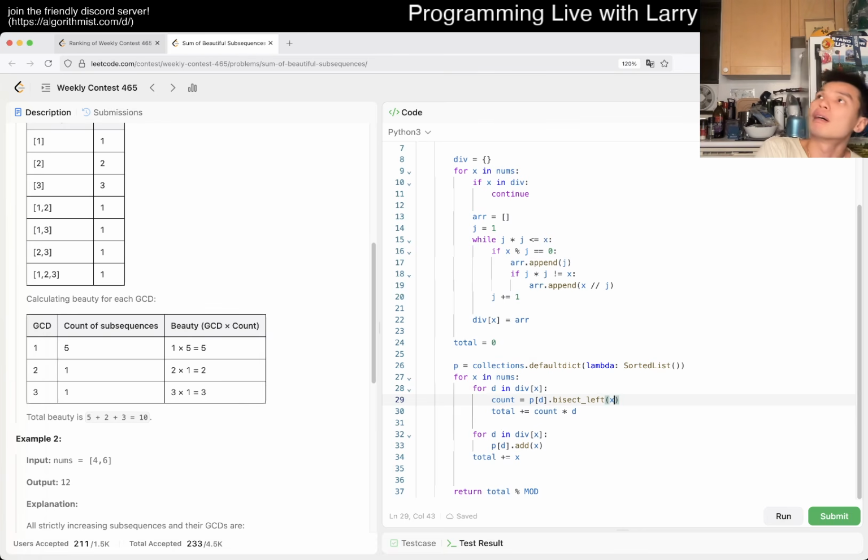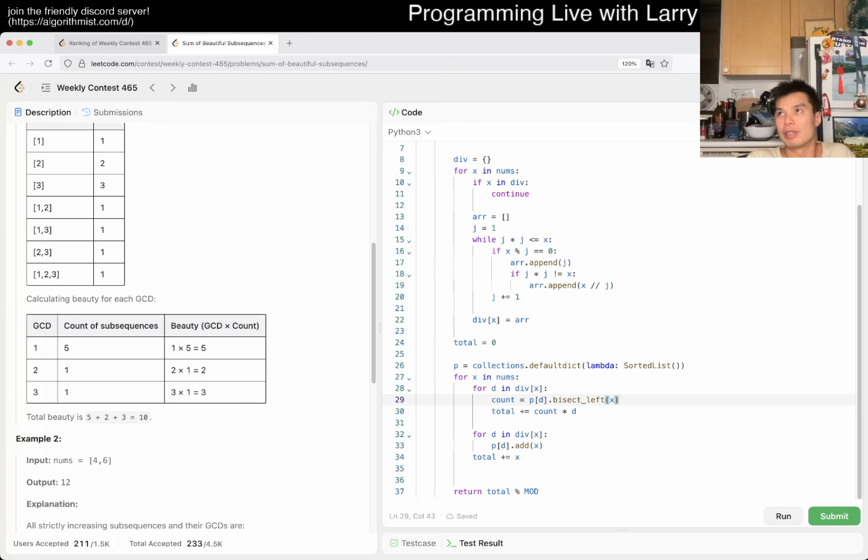Okay, but okay, let's think. Count is fine. Is it? How do you get the number of increasing things from just here, right?